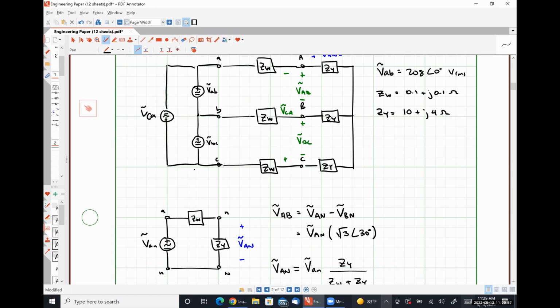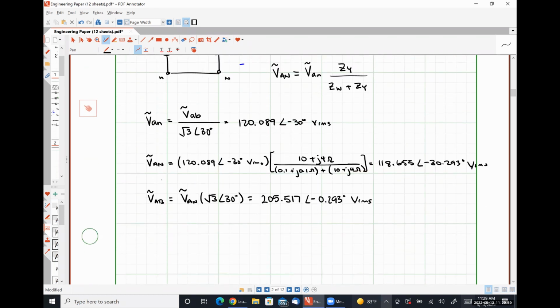So, since we have VAB, how do we get VBC? Exactly right.